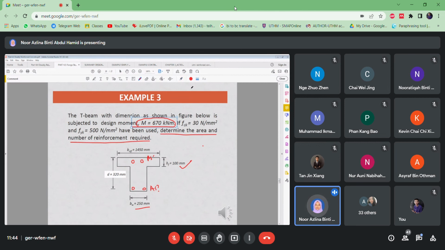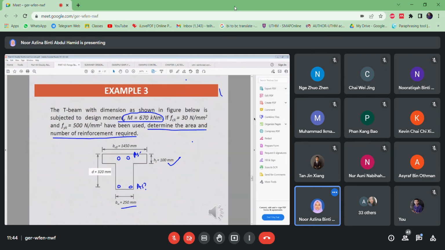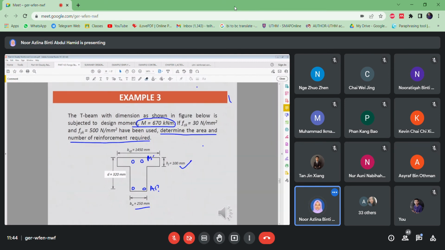And another thing here, you need to identify its neutral axis. Sama ada neutral axis in the flange or neutral axis in the web.